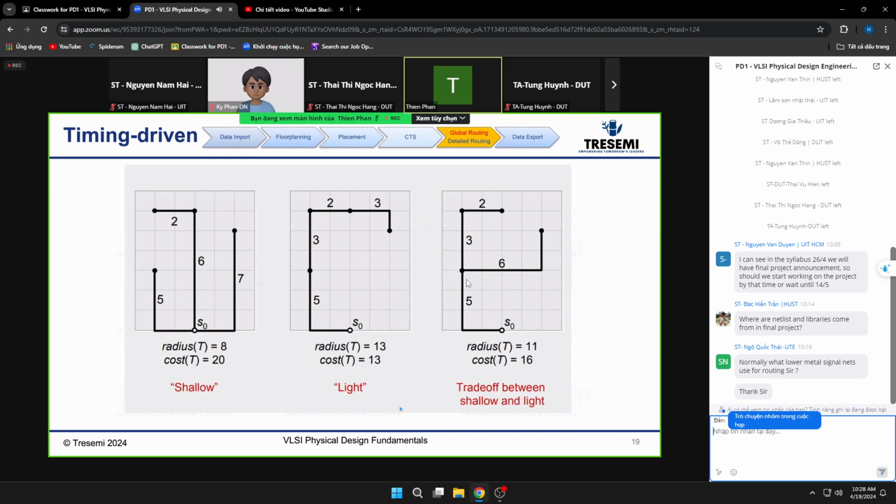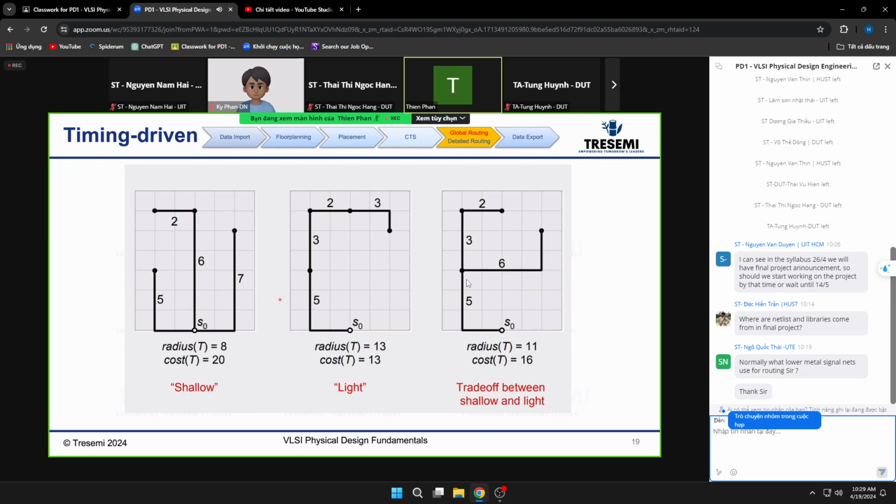So one way you can think of this: previously, it just connected all these pins together, right? But consider this is your source, and if net 5 is your critical net, then you split them out and make them independent. So the net no longer has the minimum wire length, but net 5 you can optimize, right?